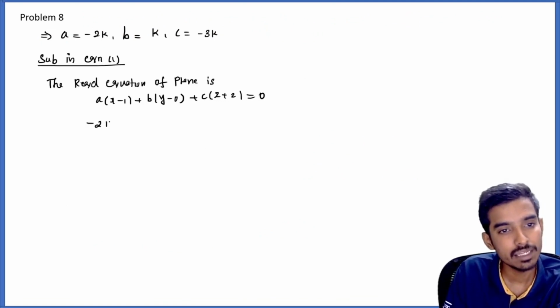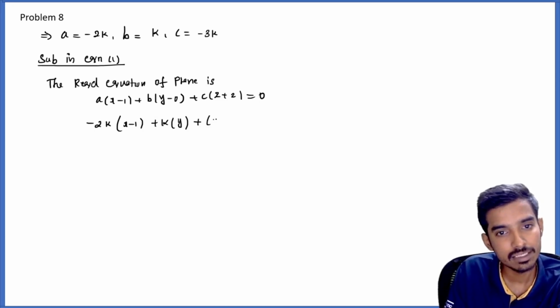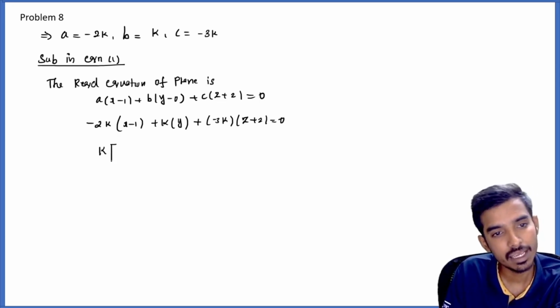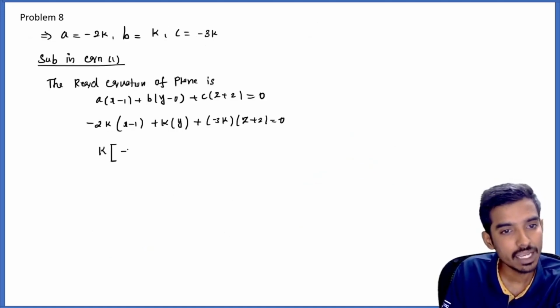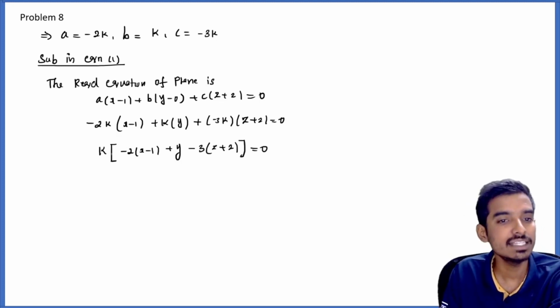So A is minus 2k into x minus 1, B is k into y, C is minus 3k into z plus 2 is equal to 0. Take k outside, right? This k is not equal to 0, it's a proportionality constant. So the k outside will be having minus 2 into x minus 1 plus y minus 3 into z plus 2 is equal to 0.